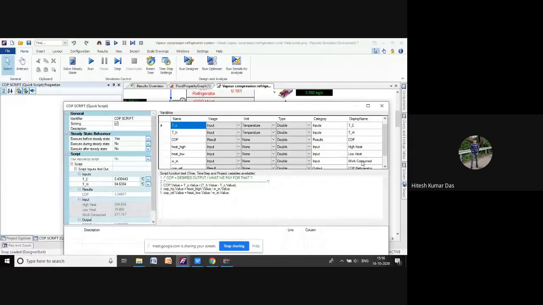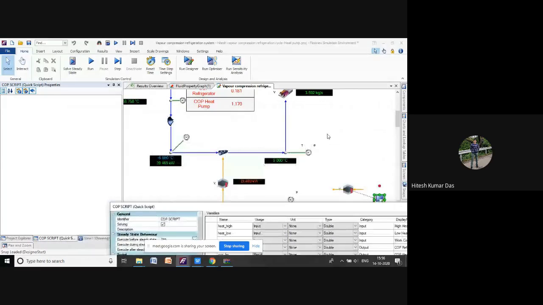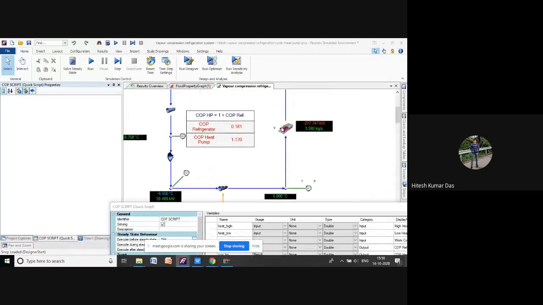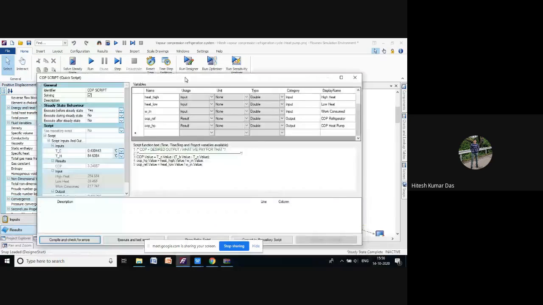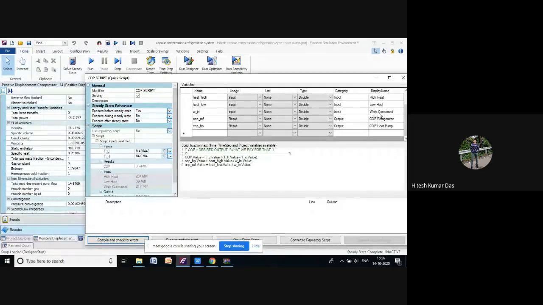This is the work consumed, which is happening in the adiabatic compression in the compressor; that value we are assigning here for work consumed.